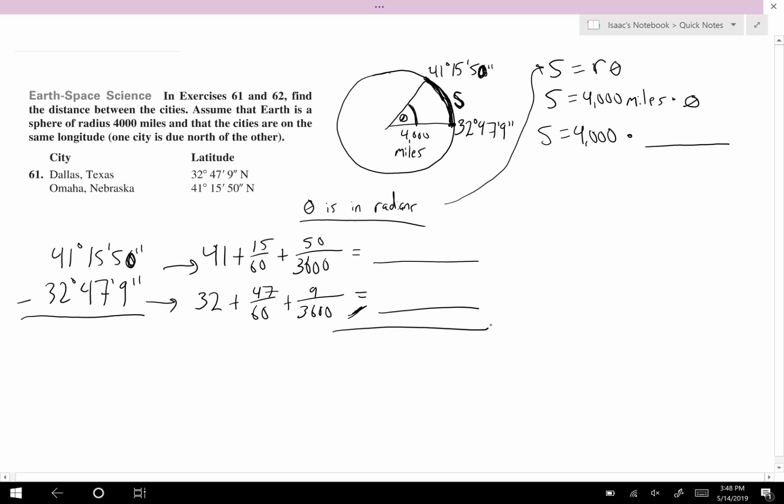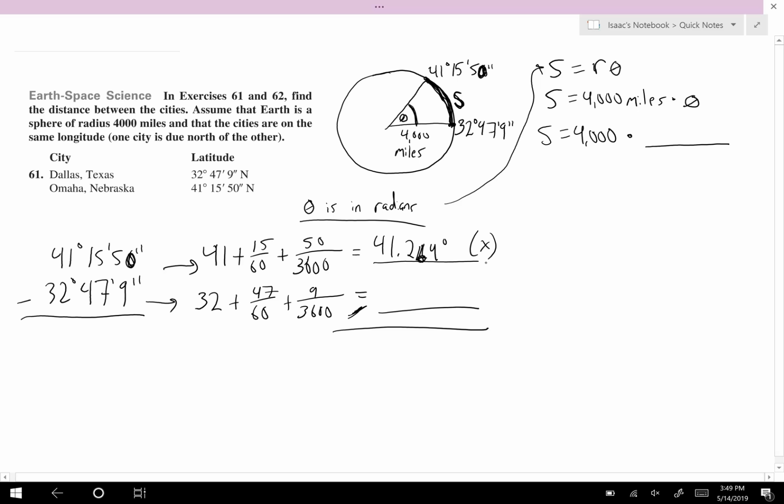This is about 41.264 degrees. And I'm rounding it on here to kind of sum it up, but I'm actually storing that in my calculator as X, so I can keep exact values.